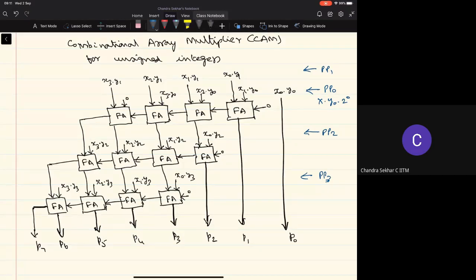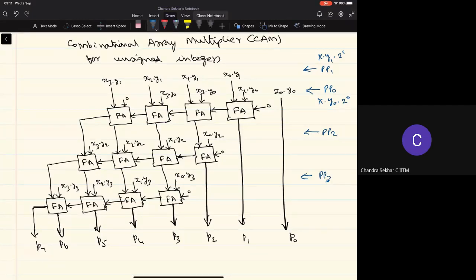Then what is the partial product 1? x multiplied by y1, 2 power 1. What is x multiplied by y1? x0 y1, x1 y1, x2 y1, and x3 y1. And that has to be shifted by 1 bit position, because we need to multiply by 2 power 1. So that's what we are doing.